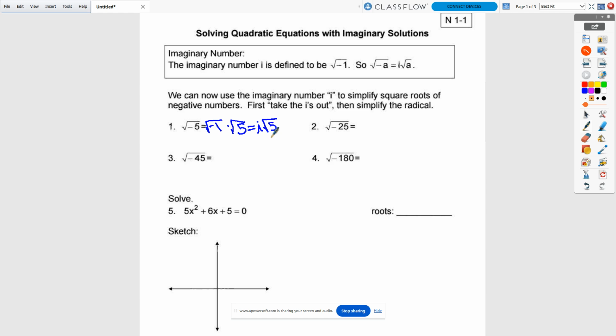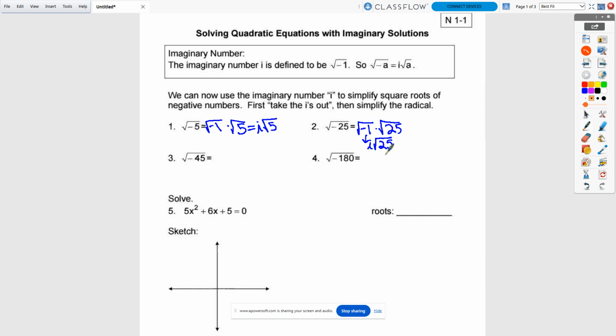Now when I look at number 2 here, if I've got the square root of -25, we're going to think of that as the square root of -1 times the square root of 25. And so again, that square root of -1 is going to turn into just an i, and then we'll have the square root of 25.